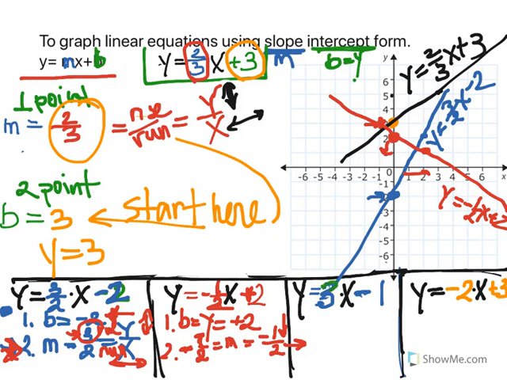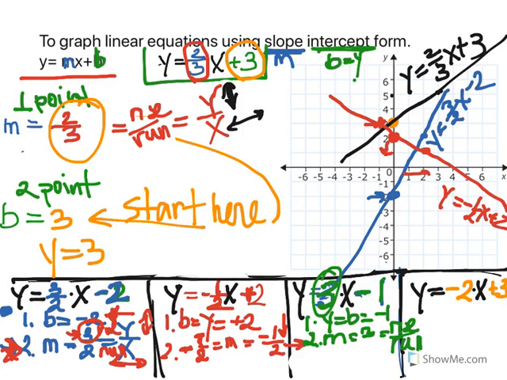Okay, let's go for the next one. I'm going to do it in green. So again, first my y-intercept, my b is negative 1. Awesome. Now my second point will be derived from the slope. Slope is 3, but wait a minute, I know my slope has to be the rise over run.